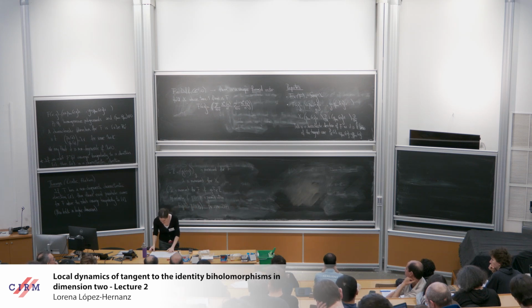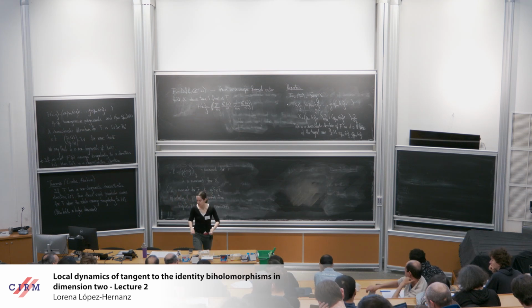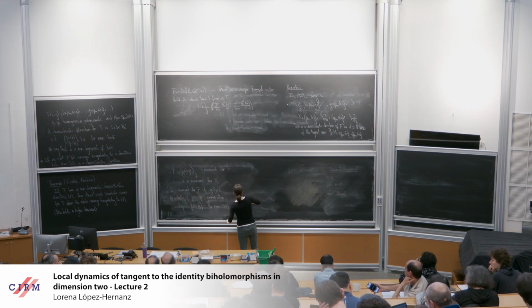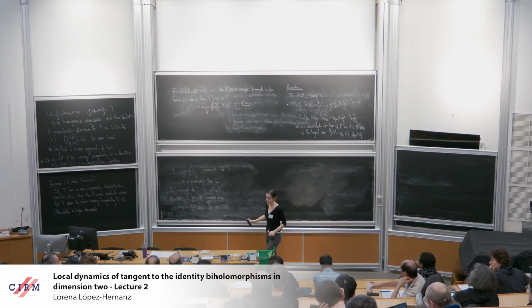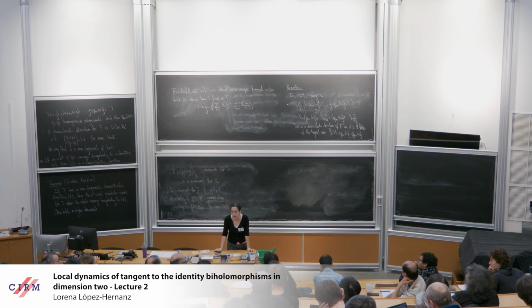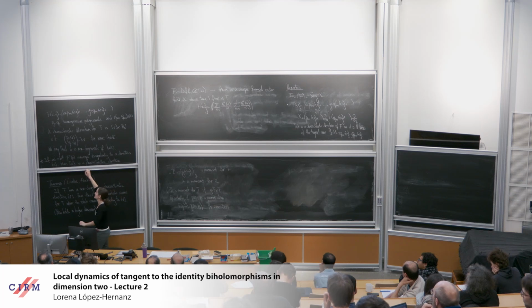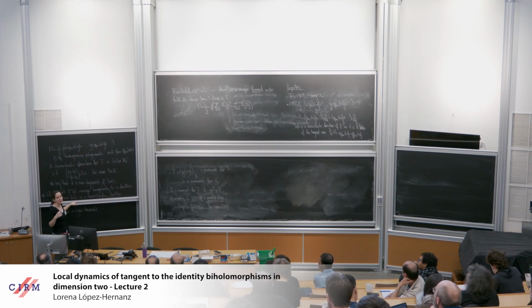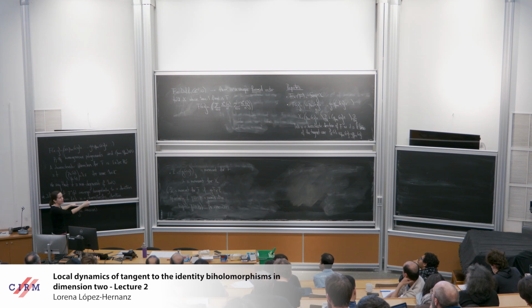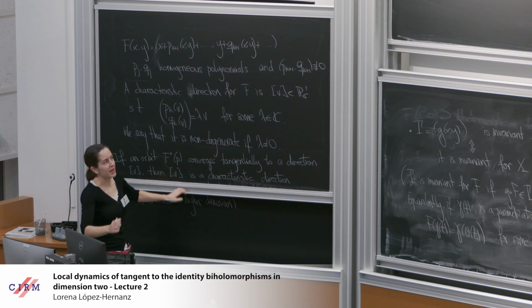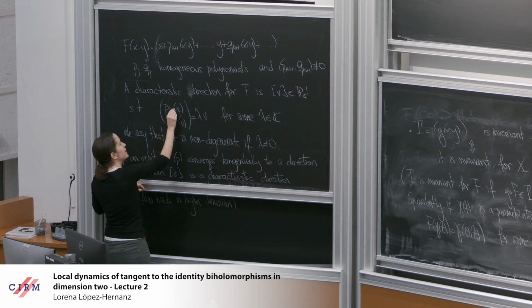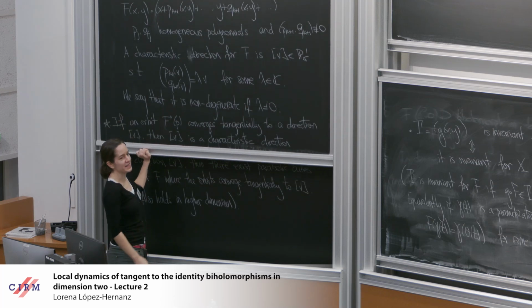Sorry, I also wrote it wrong. It's p_{k+1}, of course, thanks. Usually for maps, you write k+1 because it gives you k petals. So usually I keep this p_{k+1} for maps, but I wrote yesterday p_k and q_k. It's like that, thanks, sorry.